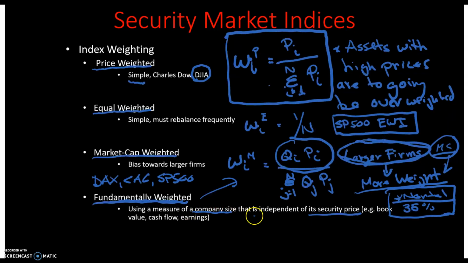So in the fundamentally weighted index, we try to disengage from the security price and use weightings based on other measures like book value, cash flow, and earnings, which may limit the inclusion of overvalued firms within the index itself.